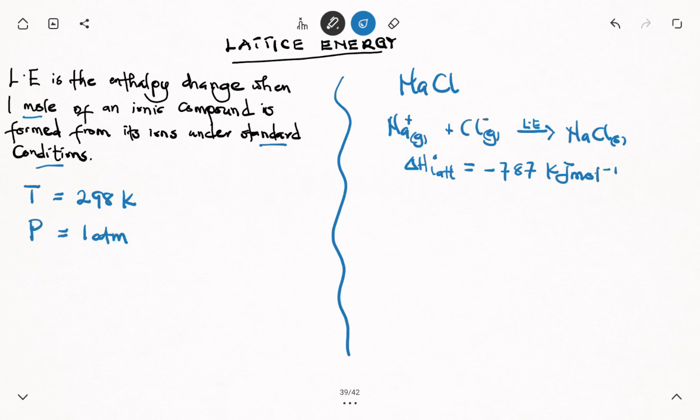What about magnesium chloride? For magnesium chloride, we also need magnesium 2 plus in a gaseous state, and this is going to be combining with 2 moles of chloride in a gaseous state as well to give us magnesium chloride.